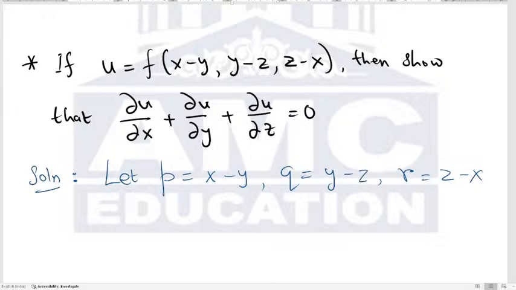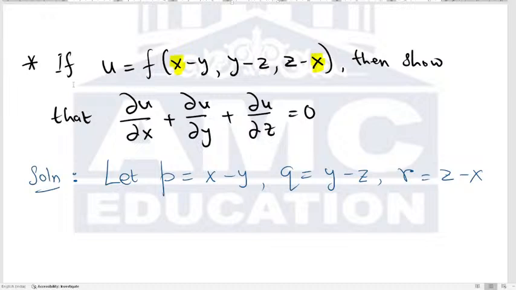Why are we doing this? We are just changing the variables, because we can't directly find the derivative dou u by dou x: x is completely intertwined with other variables.